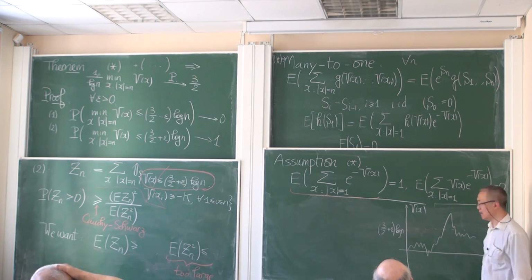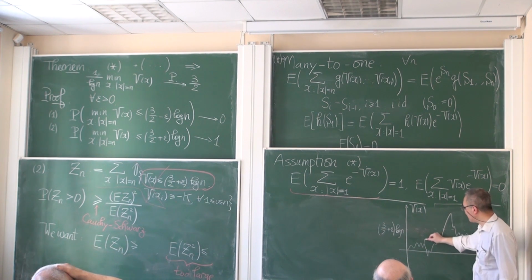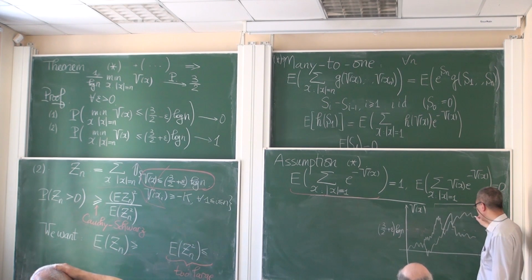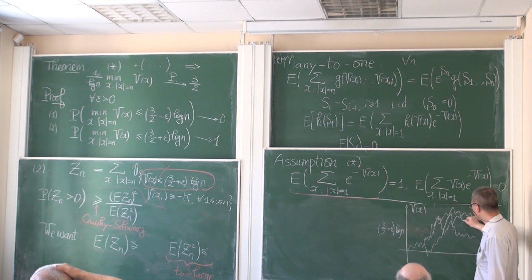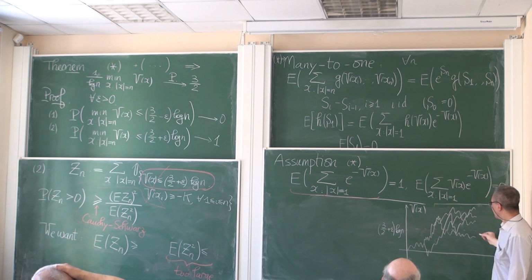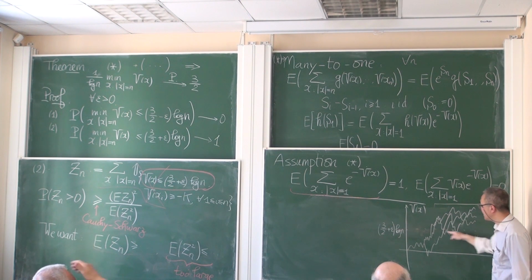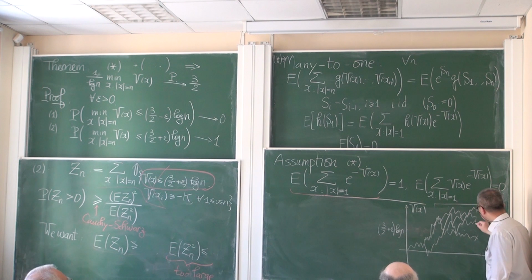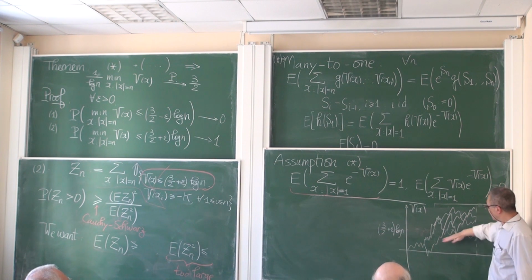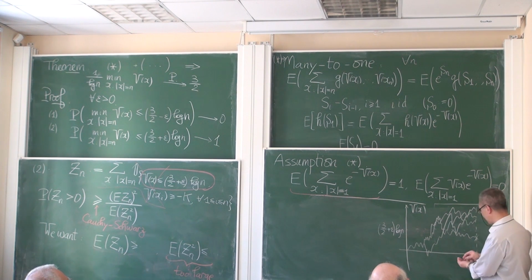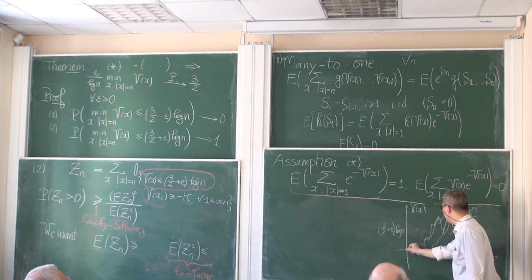At the end it's like that, and of course I draw it like a continuous thing, but everything is discrete. So I want to count the number of particles that are below this level at n. And it turns out that I can allow myself to ask a little bit more. So, look at this.